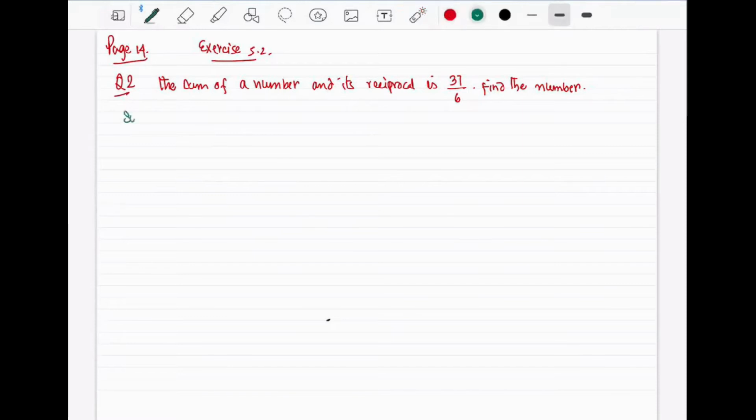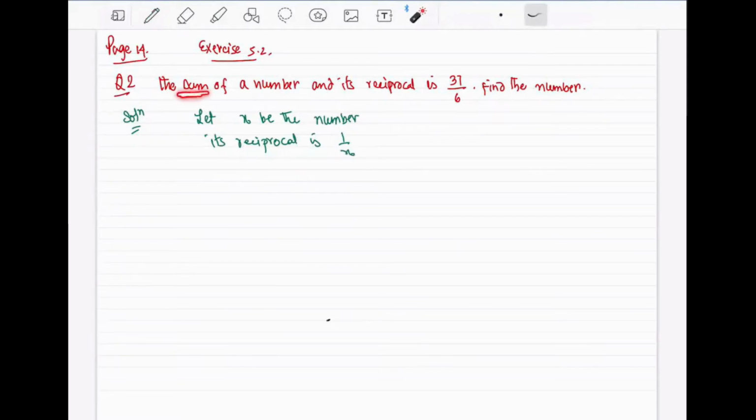So solution: let x be the number. Its reciprocal is 1 by x, right? According to the question, the sum of the number and reciprocal, you just have to add them, and the value of the addition is 37 by 6.